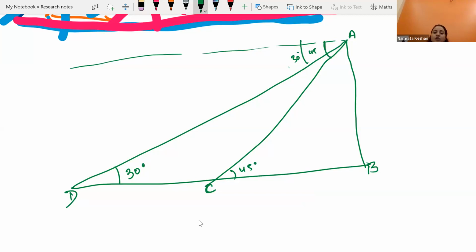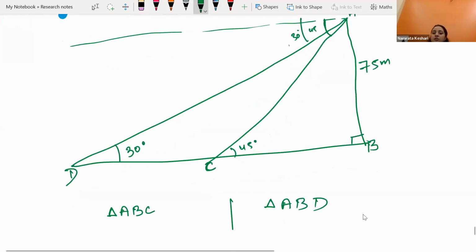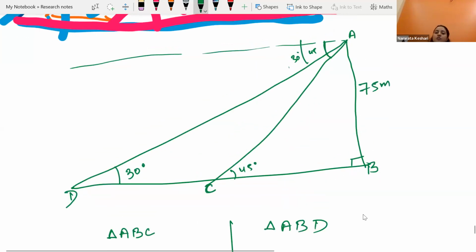Now we are going to focus on two triangles, that is ABC and that is ABD. These two are right angle triangles. So we will be focusing on triangle ABC and triangle ABD. Now the height of this lighthouse is given as 75 meter. So if we know the height, of course we are supposed to use the height.